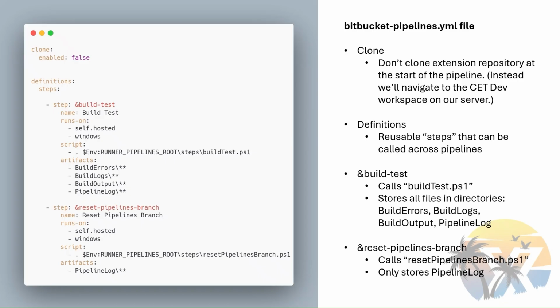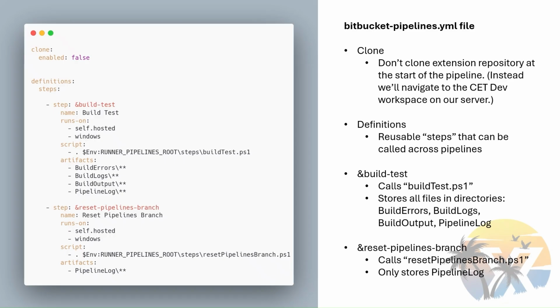So the way to think of it is this is basically like creating a function. For me, I have two different ones here: build test and reset pipelines branch. We're creating the step in one spot, and then we can call this step from multiple pipelines, but we only have it defined in one spot.